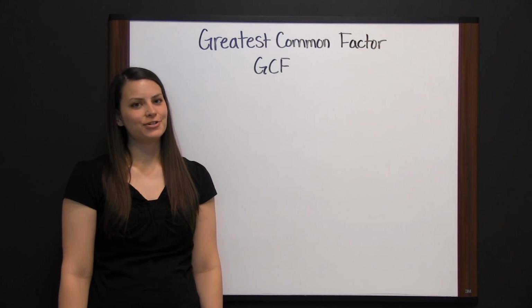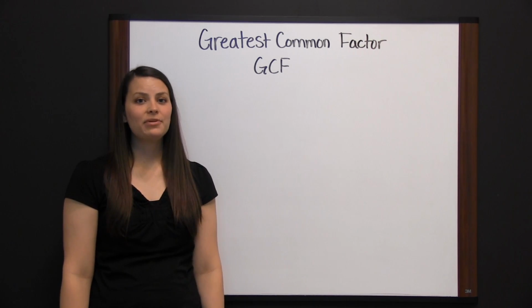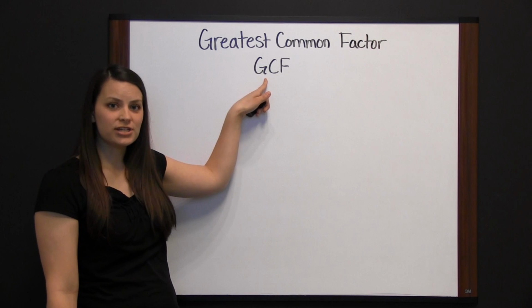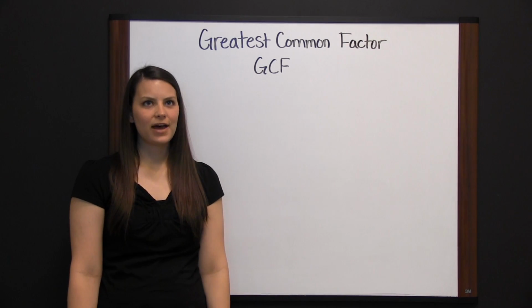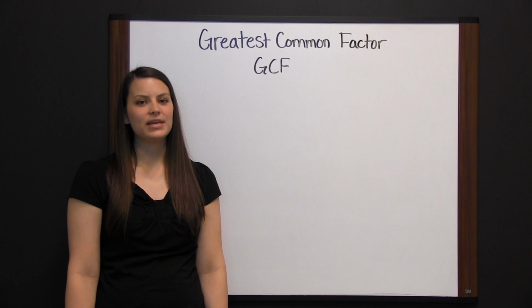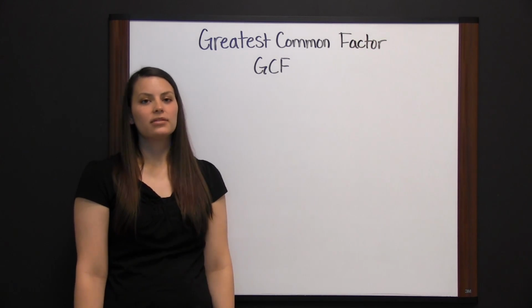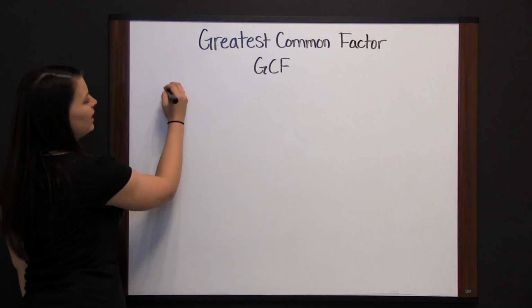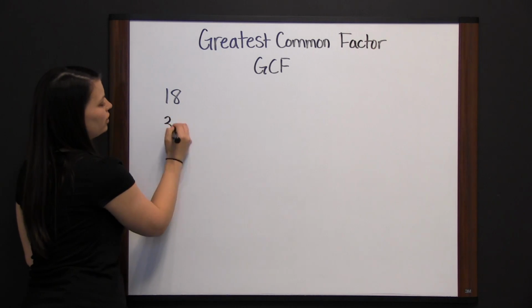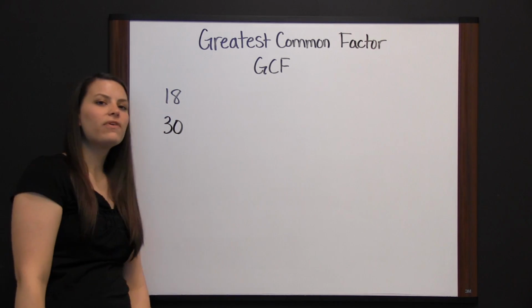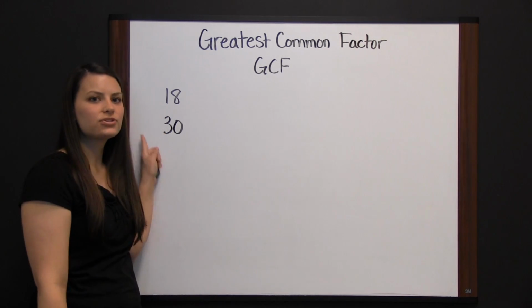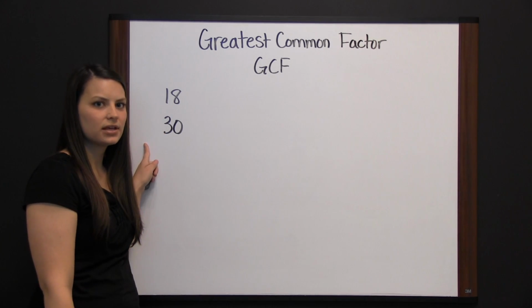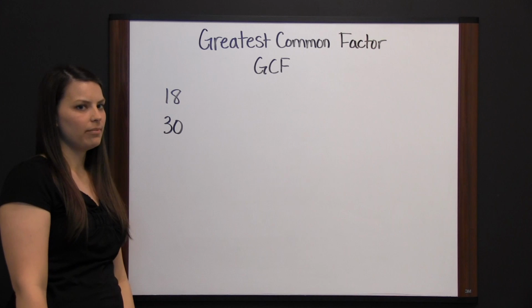Greatest common factor. The greatest common factor, or GCF, of two numbers is the largest value that divides into each of the numbers. Let's take, for instance, 18 and 30. You can find the GCF of two numbers by finding the prime factorization of your numbers and then finding what they have in common.